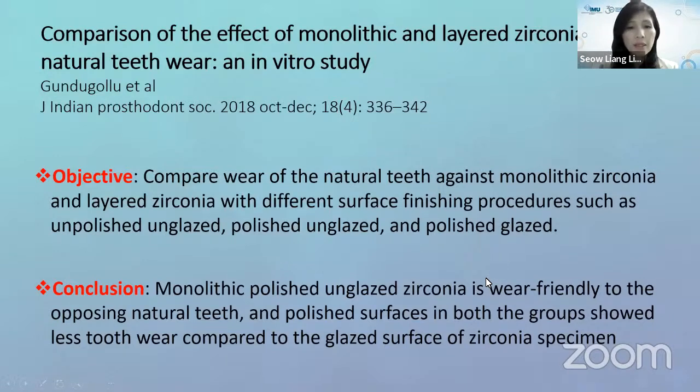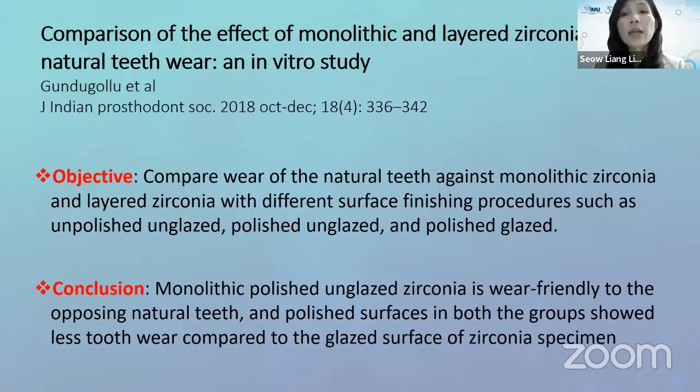So the outcome is they found that monolithic, polished, unglazed zirconia is the best outcome for wear friendly against natural teeth. And the polished surface in both groups, mean layered or monolithic, has less wear in comparison to the glazed surface.